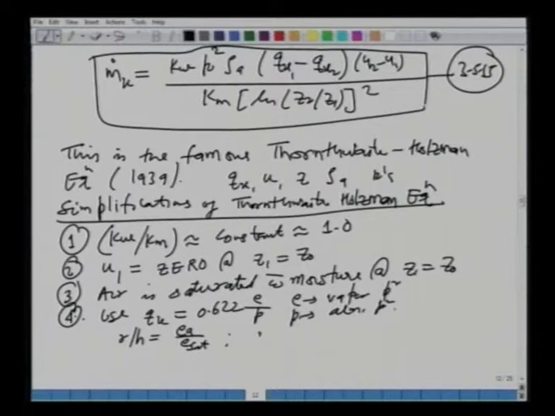So that you can have QV1 as 0.622 of your E sat close to the ground, cross section 1 is very close to the ground. So, you have Es over P at Z0, and then QV2 will be what? It will be 0.622 of your E actual at a certain height divided by P at Z2.